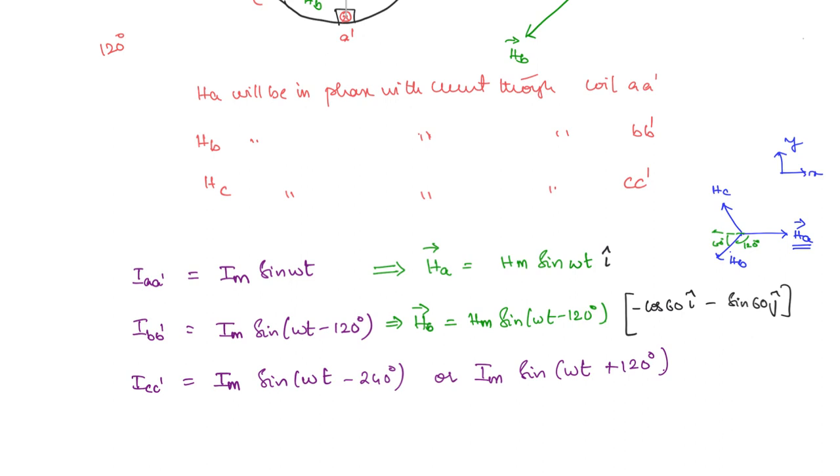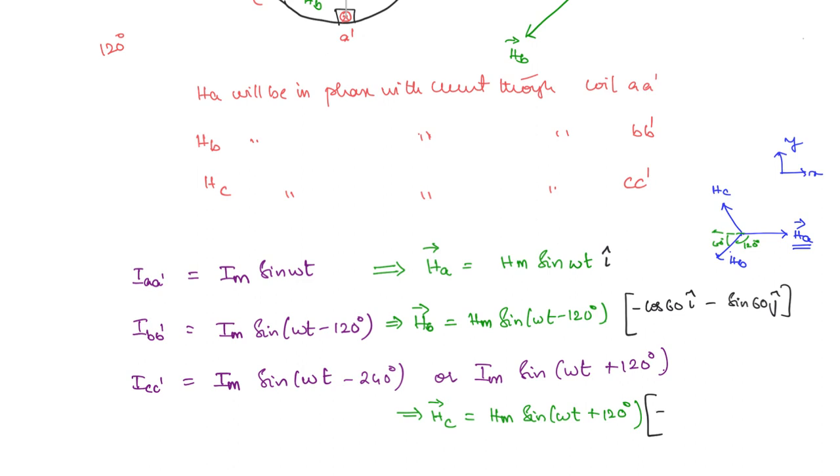Okay. Next, finally, HC bar you can write as the same magnitude HM. Now what will be the phase? The phase you can write as plus 120 degrees or minus 240 degrees. Okay. Then how do we represent the spatial factor? For HC here, the angle with the horizontal is 60 degrees.